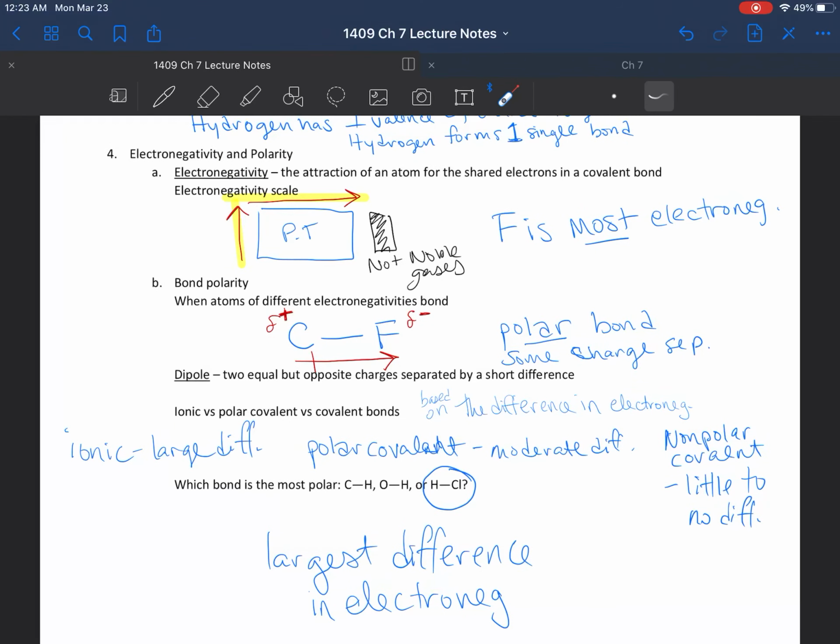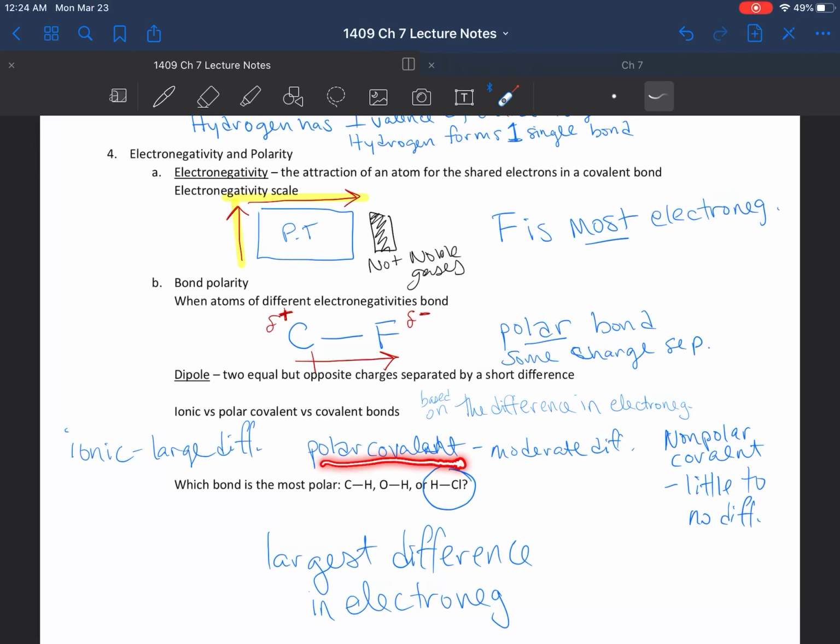When we talk about bonds, so far we've said ionic or covalent, but we're going to look at that in a little more detail here. Polar covalent versus non-polar covalent. So if those electronegativities are big enough, when you see, say, a metal on the left side of the table versus a non-metal on the right, you get an ionic bond. When you have a moderate difference, you get a polar covalent bond where they're sharing the electrons.